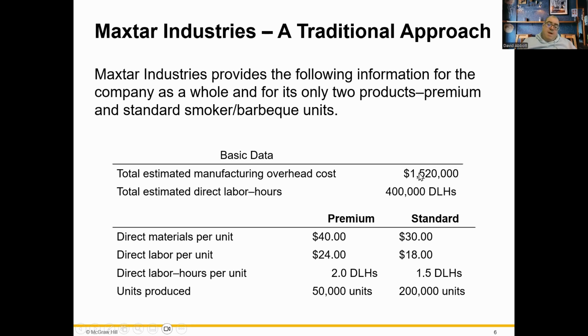Now, Maxtar's traditional cost system would report unit product costs as shown. So notice that the premium product assigns $7.60 of overhead cost per unit because it uses two direct labor hours times $3.80. And then the standard product assigns $5.70 because it only uses an hour and a half of direct labor hours. So an hour and a half times 3.80 is 5.70.